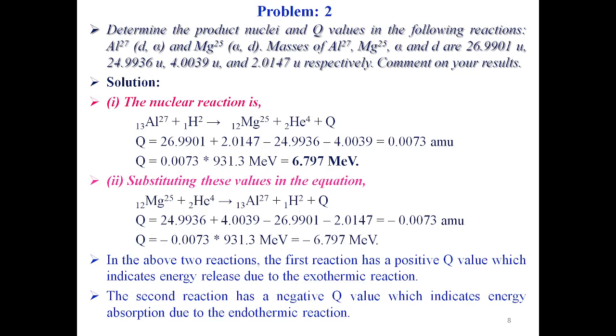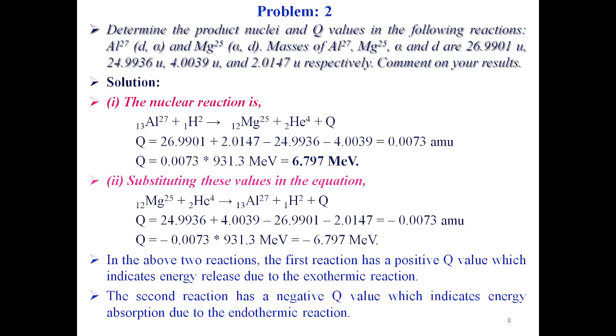So the first solution, that means aluminum within bracket D comma alpha. So let us take this reaction in order to find out the nuclear reaction. So the nuclear reaction is, we have aluminum 13 27 plus the deuteron, it is H 1 2, which gives magnesium, because we know the emitted particle from which we can find out the atomic and mass number, and we can get the exact product nucleus.